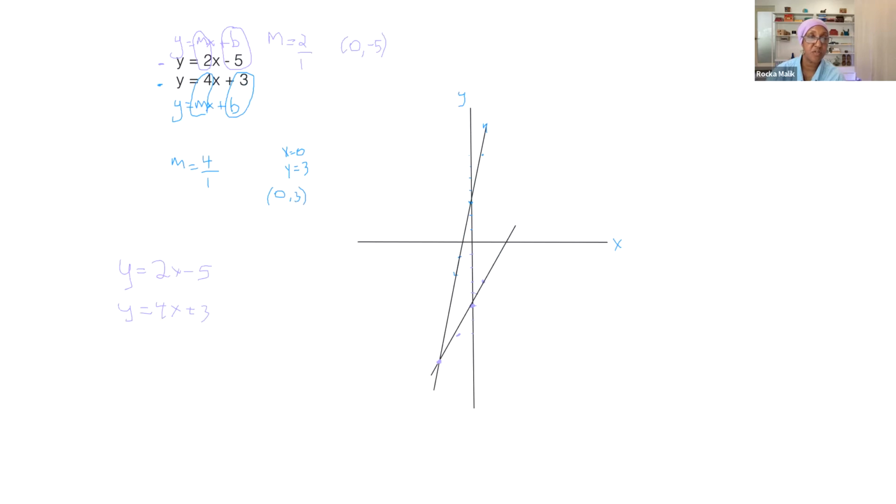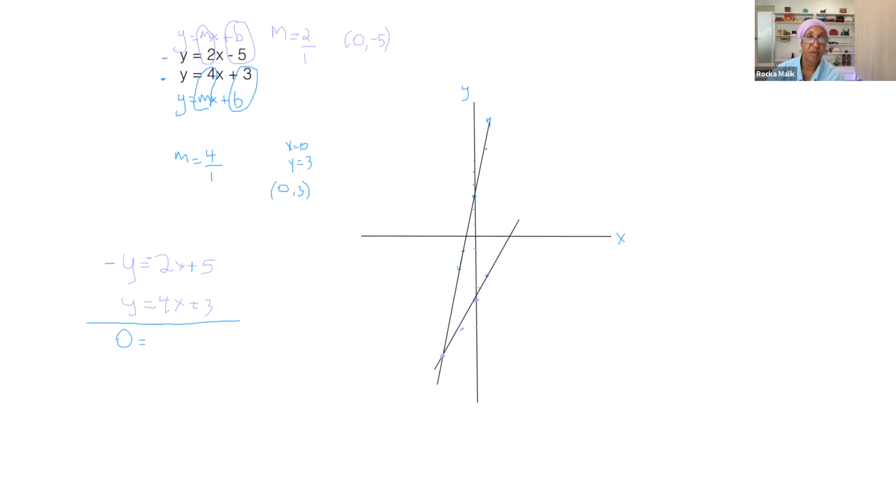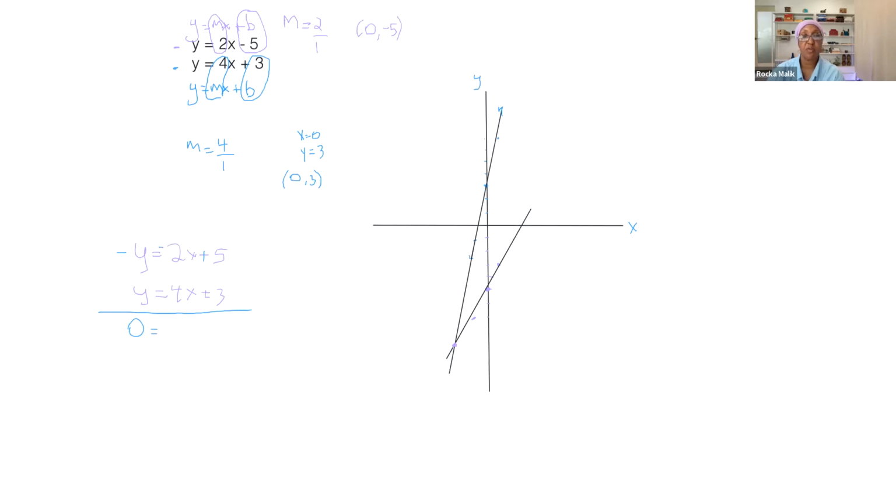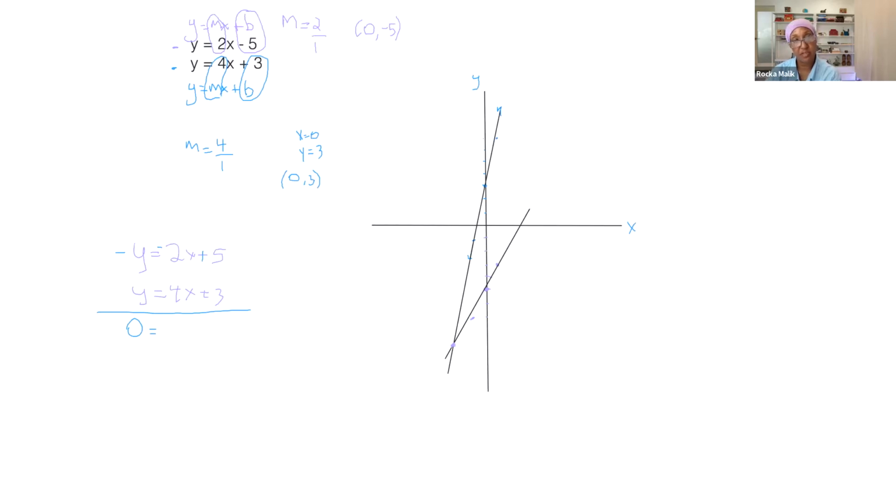I'm going to change this to a negative, change this to a negative, and change this to a plus. And then add these equations. I have negative y plus y, which is 0, nothing. Negative 2x plus 4x, which is the same as 4x minus 2x, which is 2x.